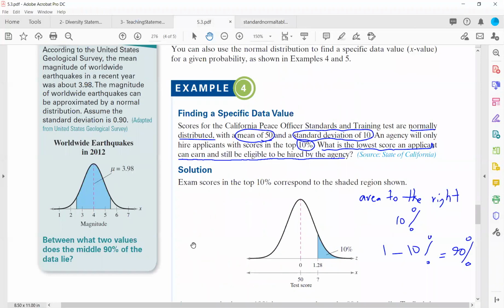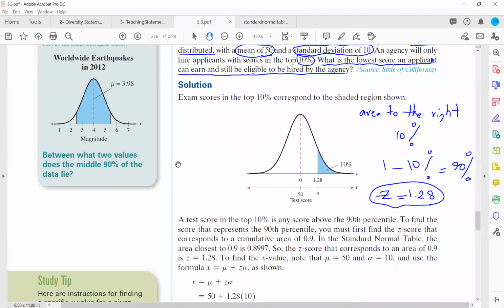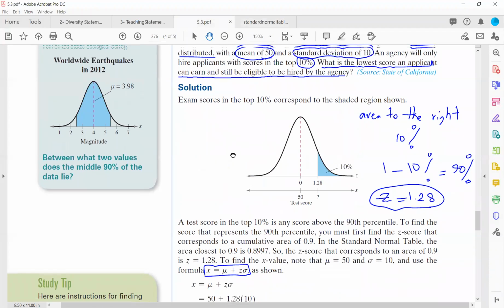So your z is equal to 1.28. We're looking for the x value. What is our x? We learned a nice formula to transform z into x. My z is 1.28. My mean is given in the question.